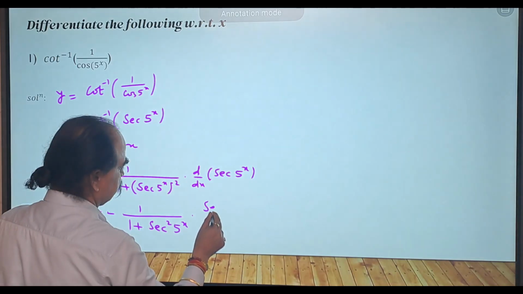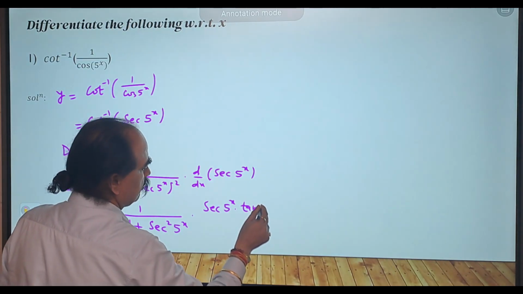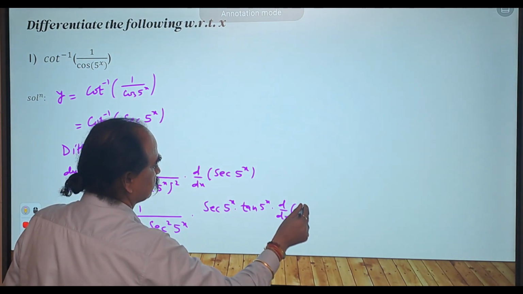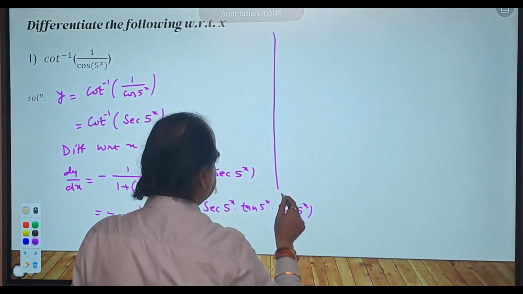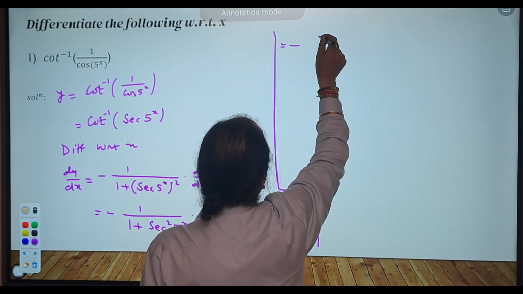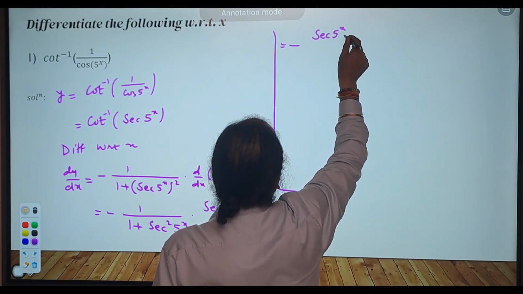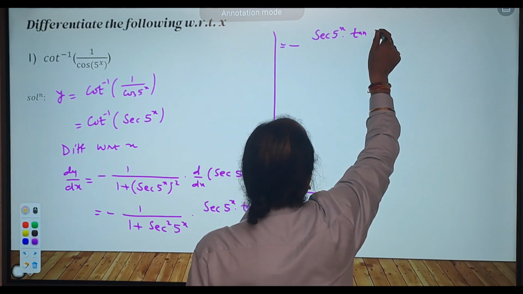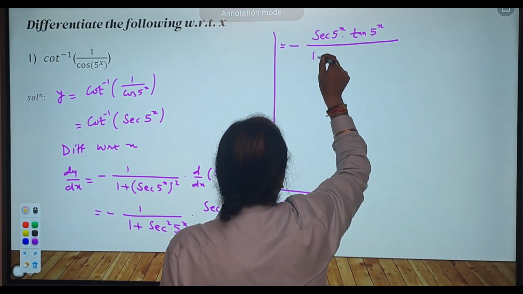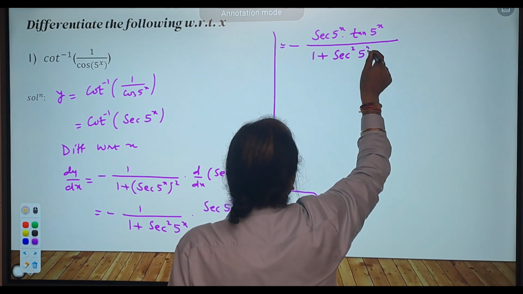Derivative of sec is what? Sec tan. So sec phi raised to x into tan of phi raised to x into derivative of phi raised to x, which is equal to minus sec phi raised to x tan phi raised to x upon 1 plus sec square phi raised to x.